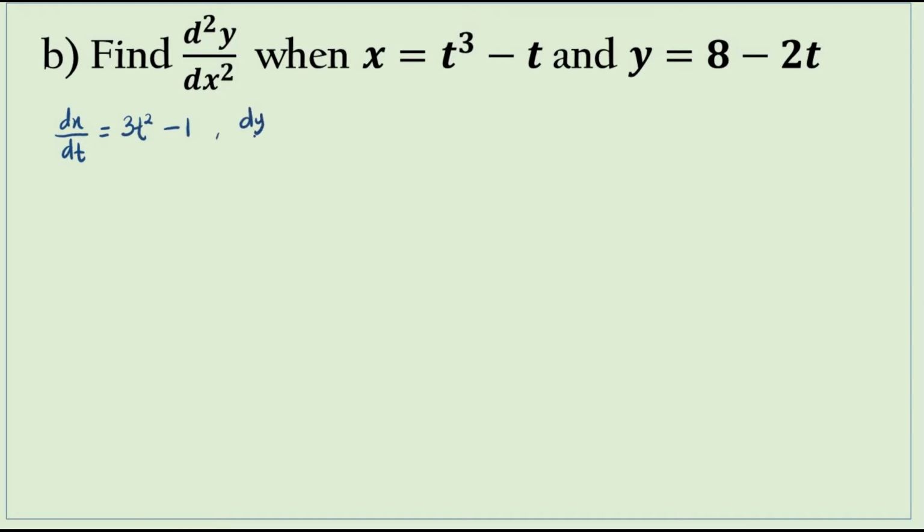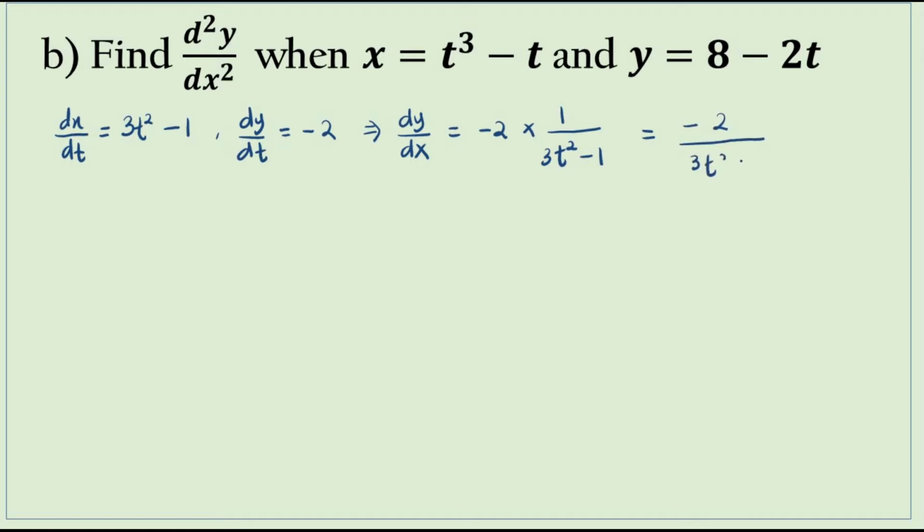For our y equation, dy/dt is equal to negative 2. Following our chain rule, dy/dx is negative 2 times 1 over 3t squared minus 1, so our final answer for the first derivative is negative 2 divided by 3t squared minus 1.